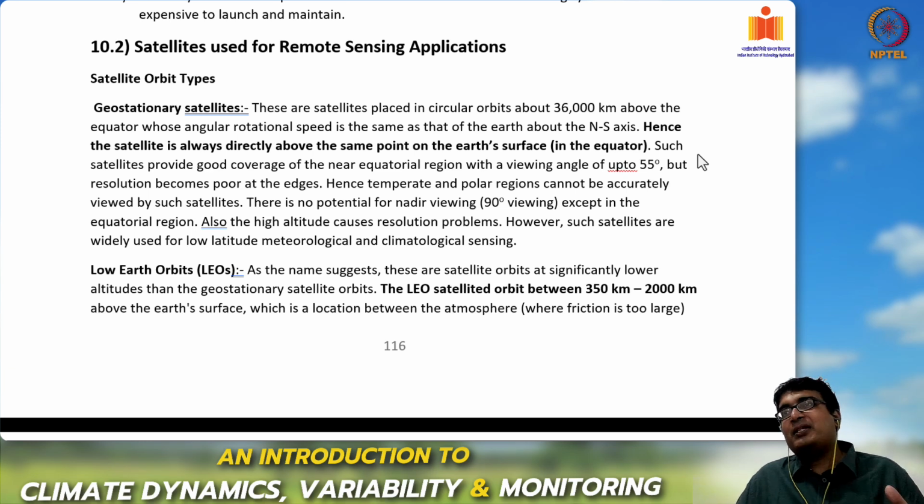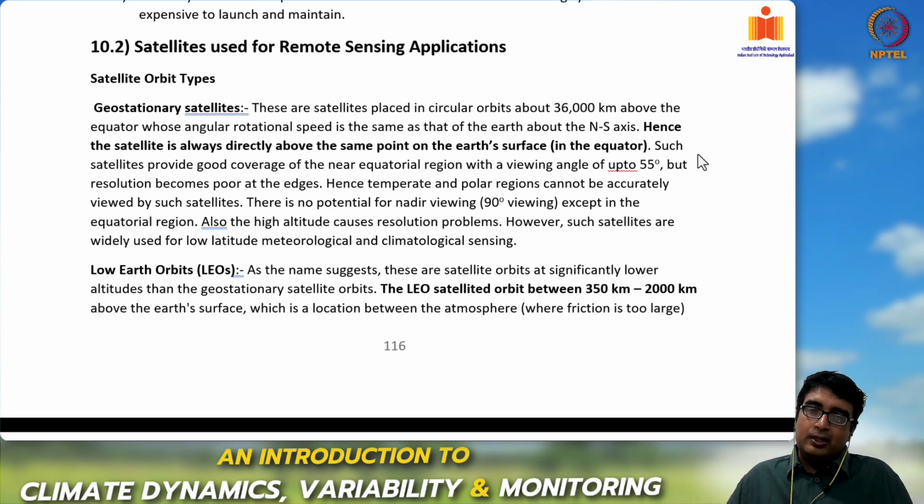And the emissions from the edges of that viewing circle, either towards the north pole, the south pole, or along its east and west viewing angle, will be extremely oblique and will have much lower resolution. So they provide good coverage near the equatorial region up to an angle of about 55 degrees, but the resolution becomes poor at the edges.